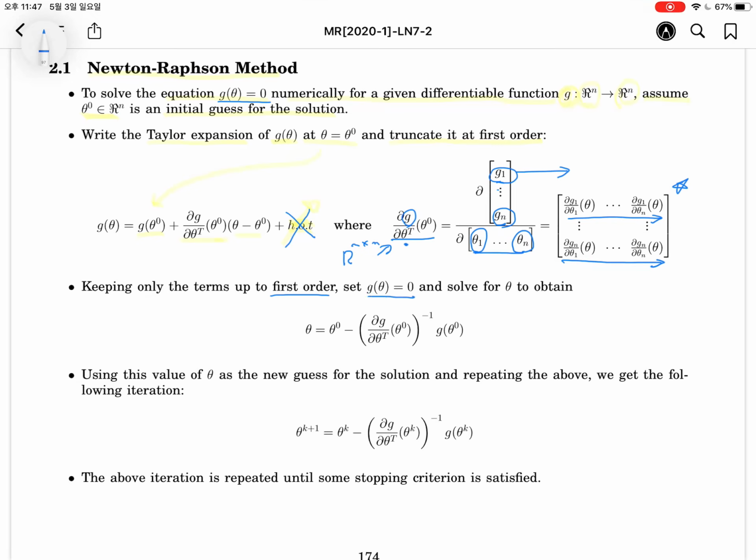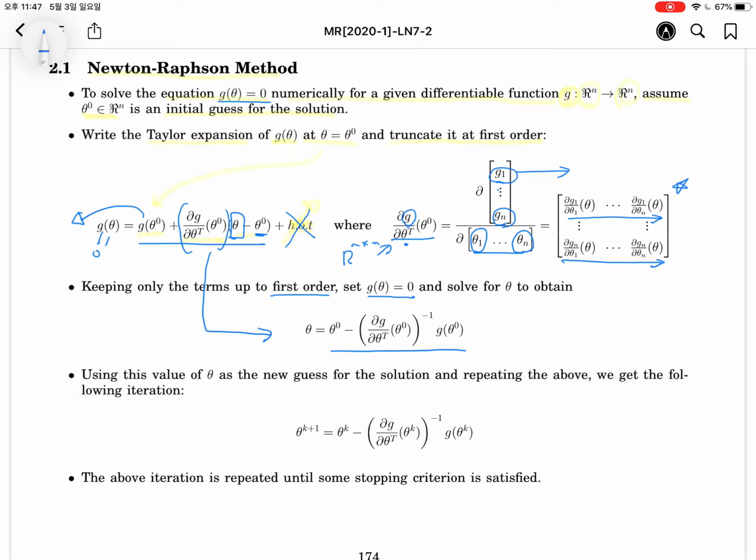On the other hand, g(theta) is assumed to be 0, so this term is 0. Then we have this equation. Moving minus g(theta 0) to the other side, the inverse matrix is applied to both sides, and then theta 0 is added to both sides.